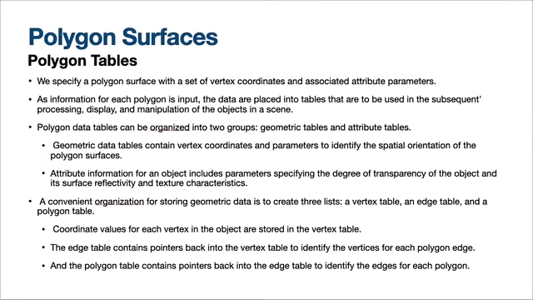A convenient organization for storing geometric data is to create three lists, that is a vertex table, an edge table and a polygon table. That is the most convenient way to store the geometric data. There are other methods that can also be used.